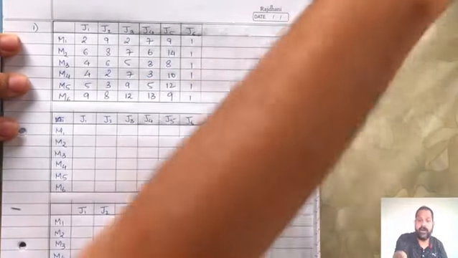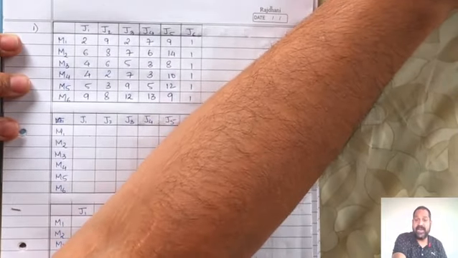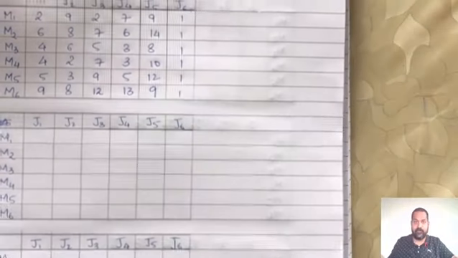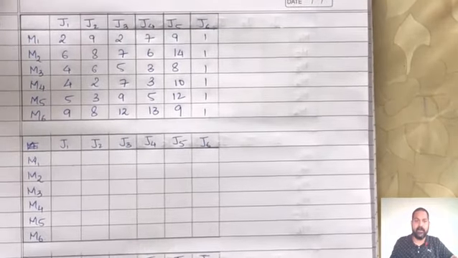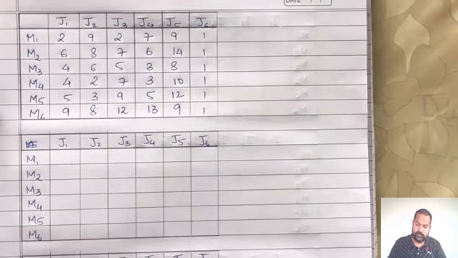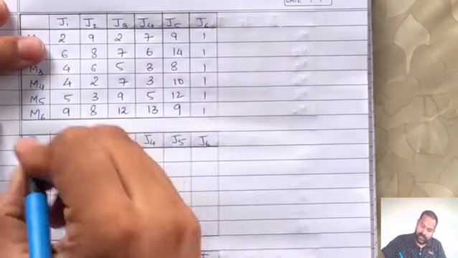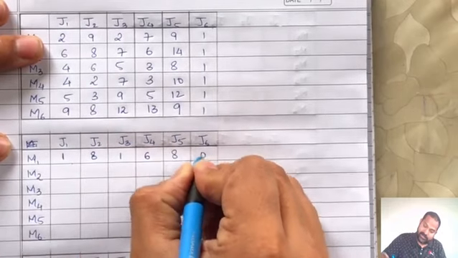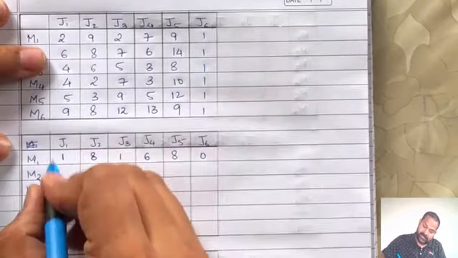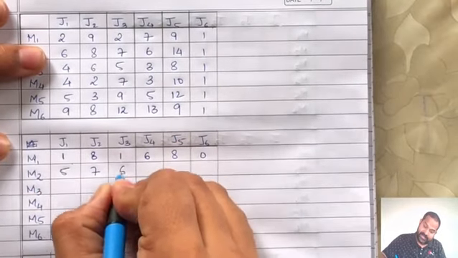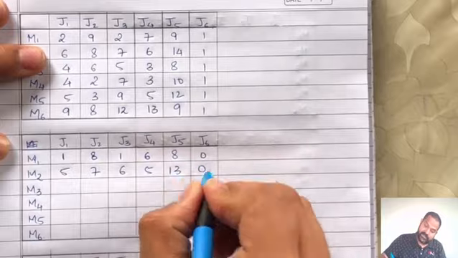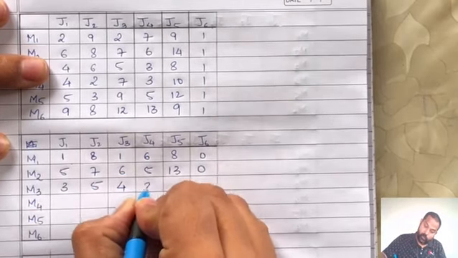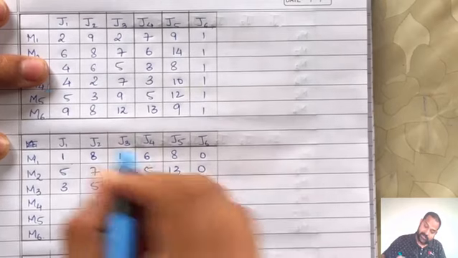Step 1, row reduction. We select the least from every row and subtract it from that particular row. 1 is the least. Subtract throughout: 1, 8, 1, 6, 8, 0. Again 1 is the least: 5, 7, 6, 5, 13, 0. Again 1 is the least: 3, 5, 4, 2, 7, 0.